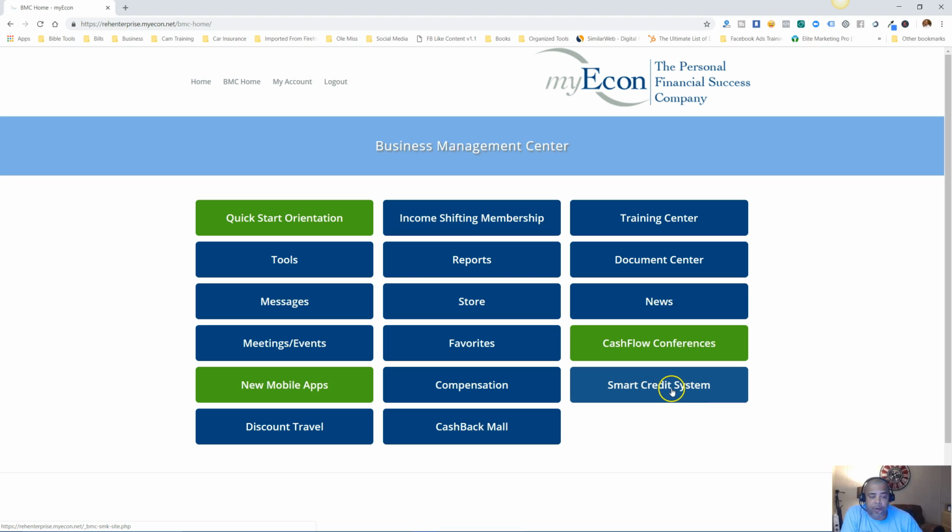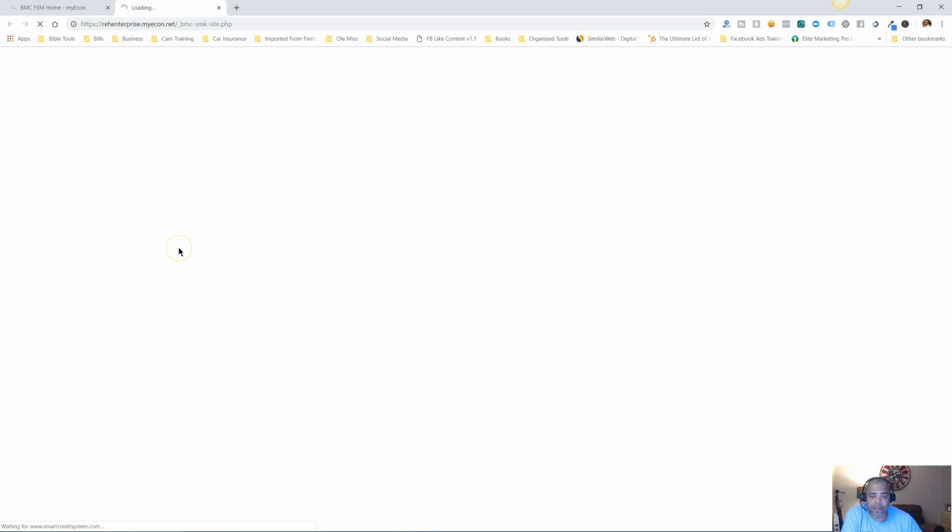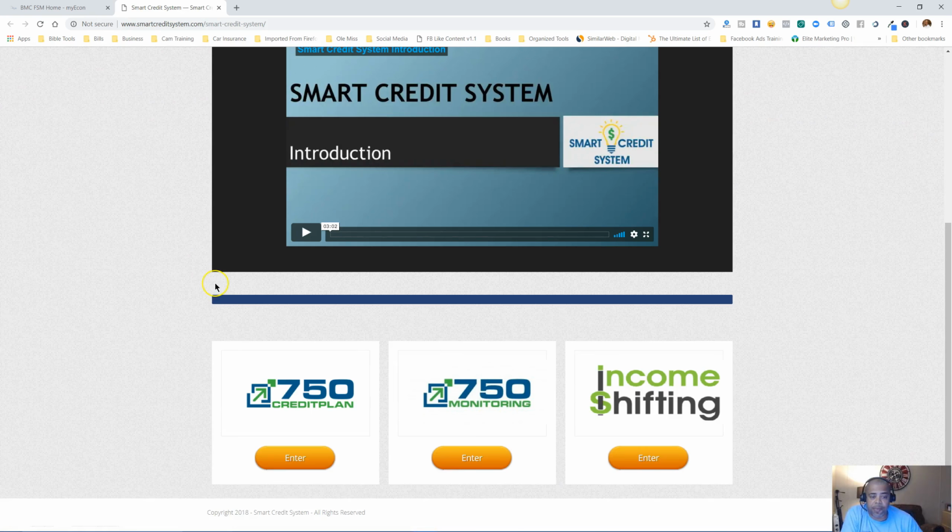After you have gone through the quick start orientation, just click on income shifting membership. Click on the smart credit system. Once that opens up, you simply want to come down here to the income shifting and click enter.